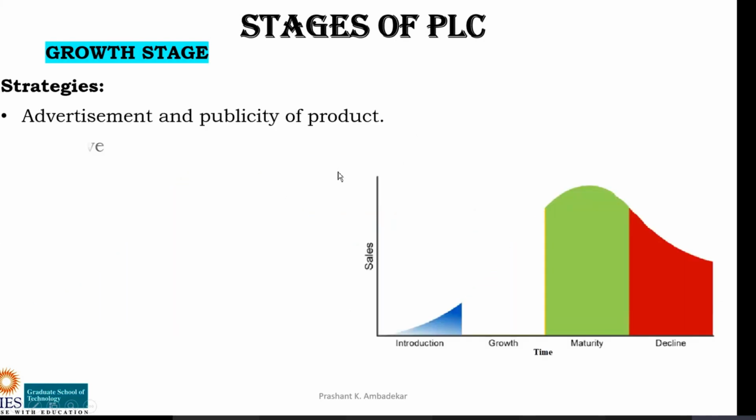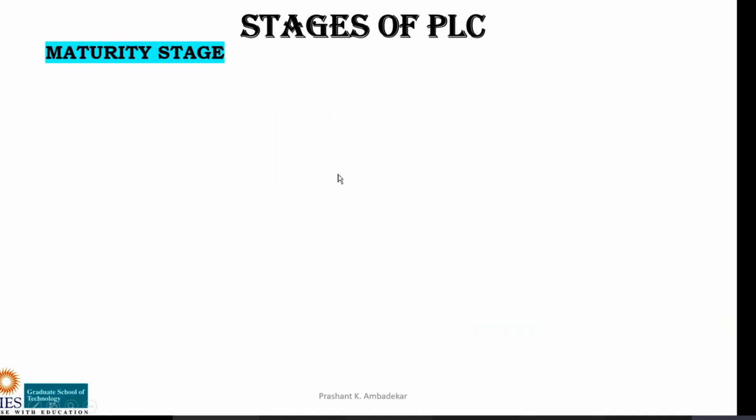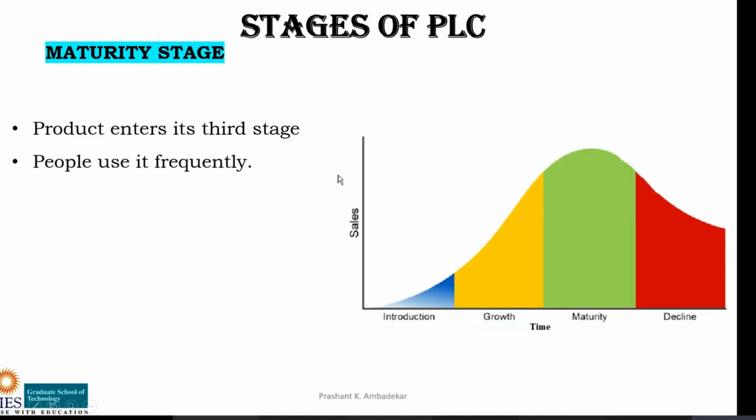Then comes the maturity stage. So in maturity stage, the product maturity stage consists of 2 parts. The first part where the product is stable in the market for few years, and the second part where the product starts to slightly, the sales starts to decline.